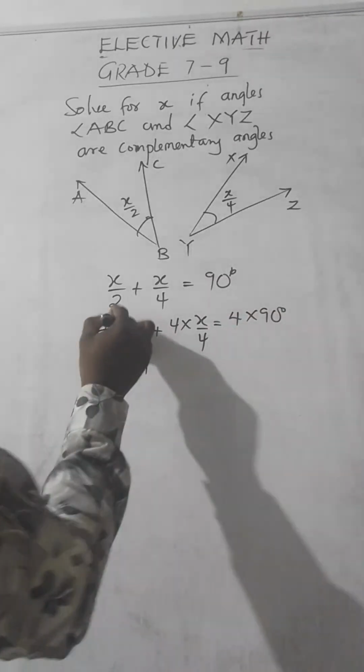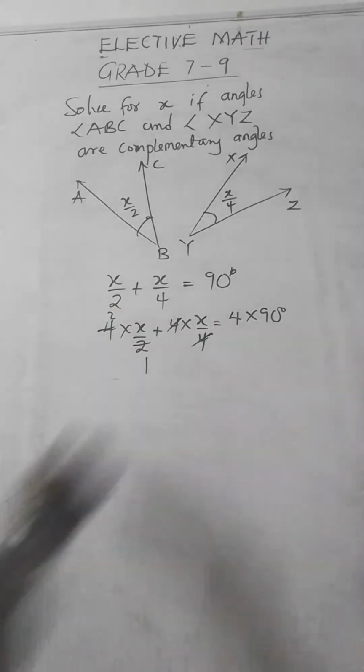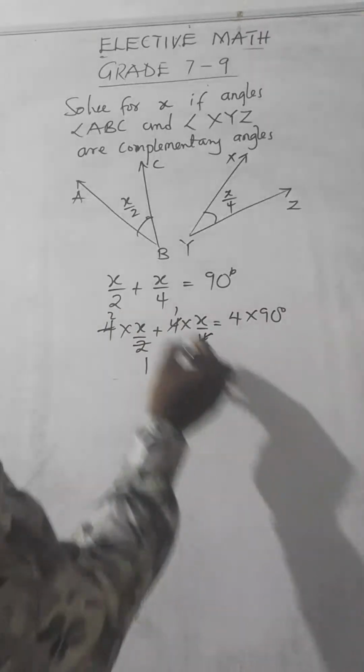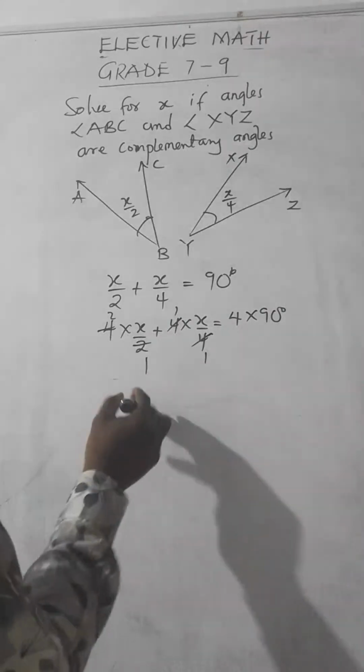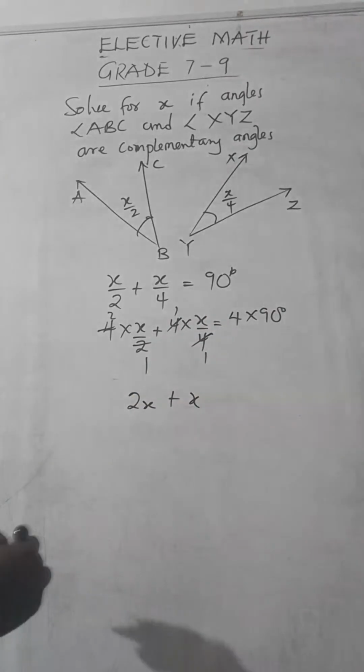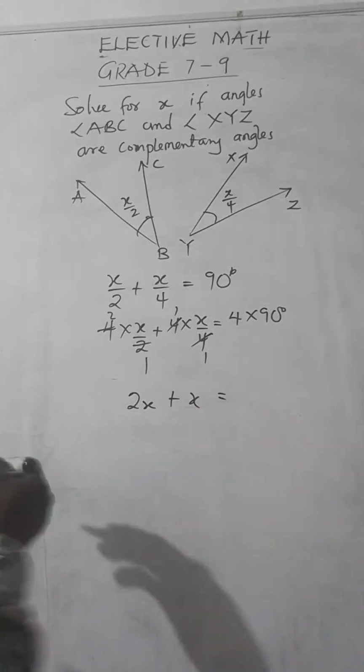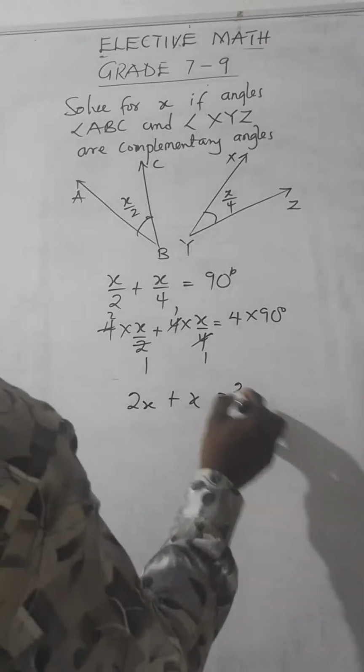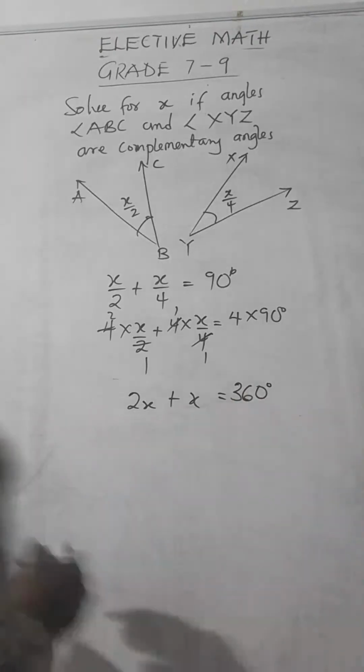So here 4 divided by 2 is 2, and 4 cancels 4, that's 1. So we are having 2x plus x, that's 3x. Then 4 times 90 is 360 degrees.